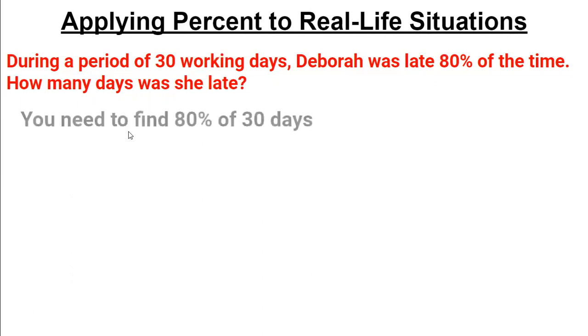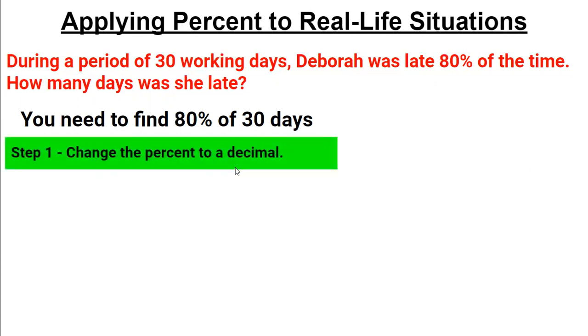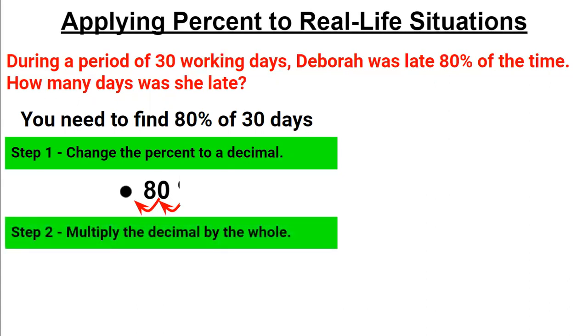So you need to find 80% of 30 days. Same steps, change the percent to a decimal. We have 80%. We're going to move 2 to the left. And then we are going to multiply by 30 days. 30 times 0.80.